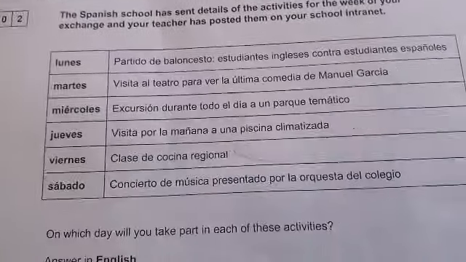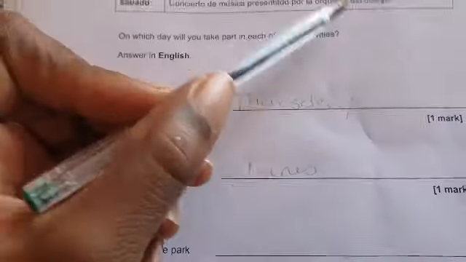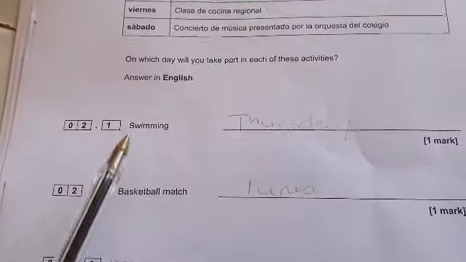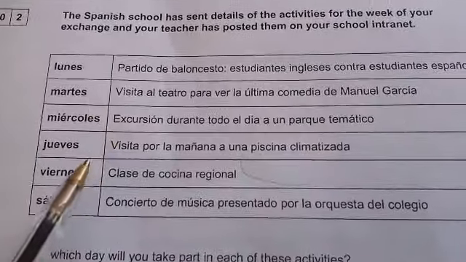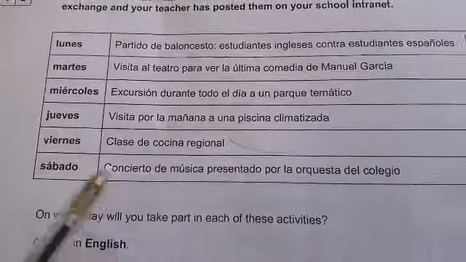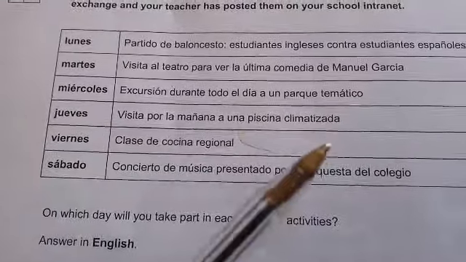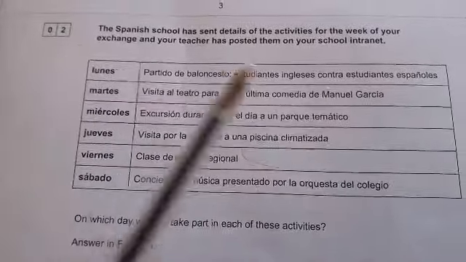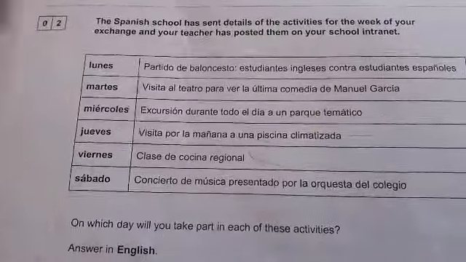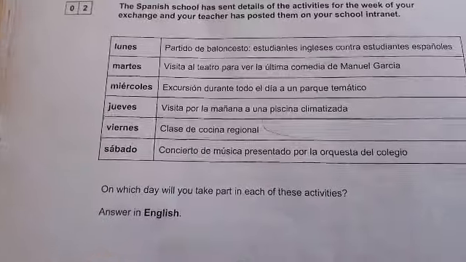So the first question, you have to put the days that you've got for each activity. So swimming, we're going to look for swimming. We don't have swimming. Guys, you know how I always do nouns and verbs when I'm teaching vocab? This is going to come in really handy when you're doing your reading, because if you don't find a noun you're looking for, most of the time a verb will do, or vice versa.